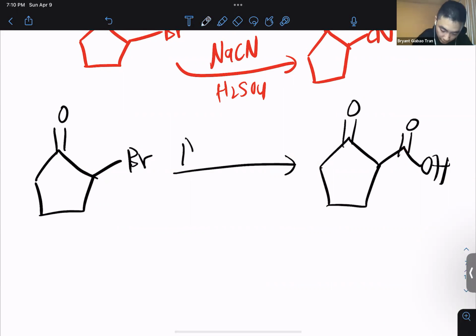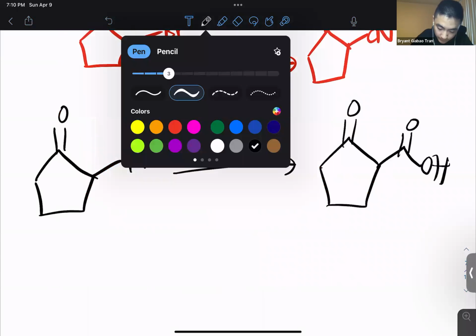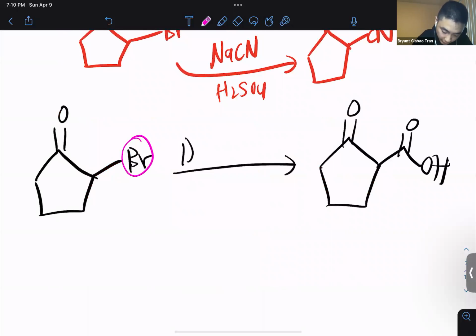So it could be like this Br here got converted to the MgBr, and the electrophile that we would add to make this Grignard work would be CO2.